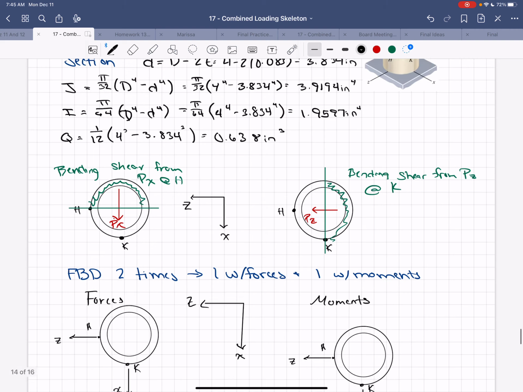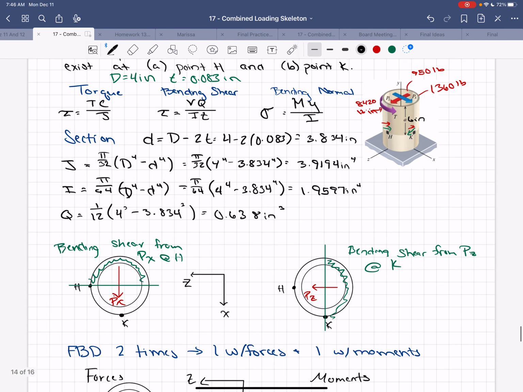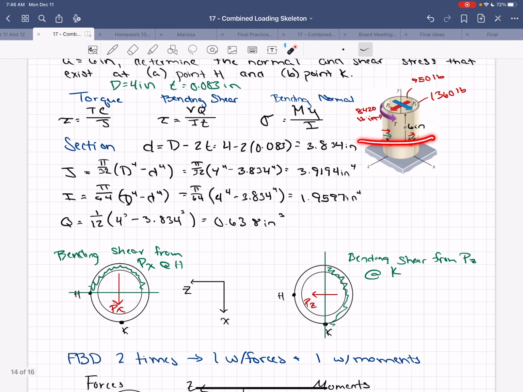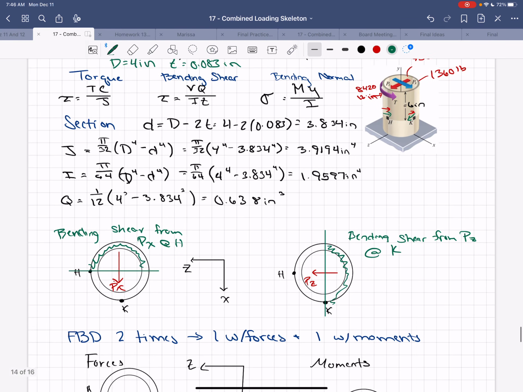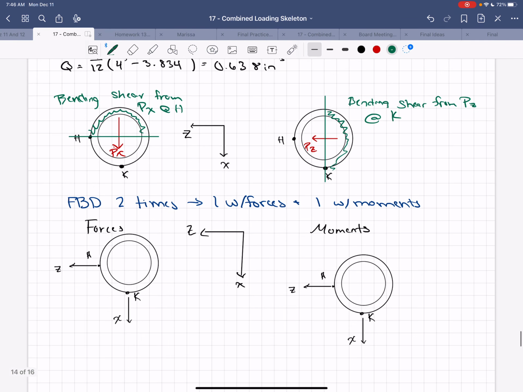So then, if we draw the forces, what we're doing here is we've cut it right through H and K. So the forces, we can move those straight down, and we have that PZ is 950 pounds.